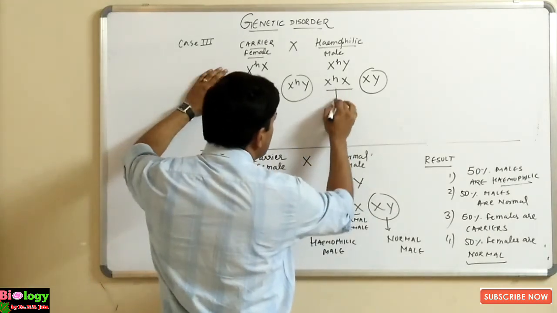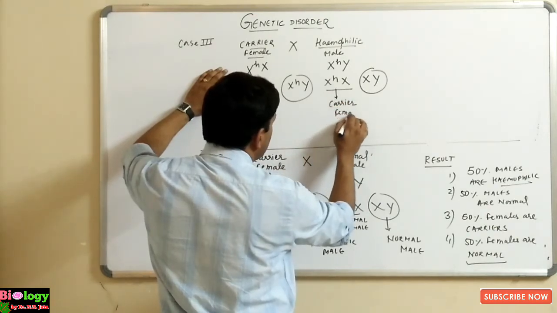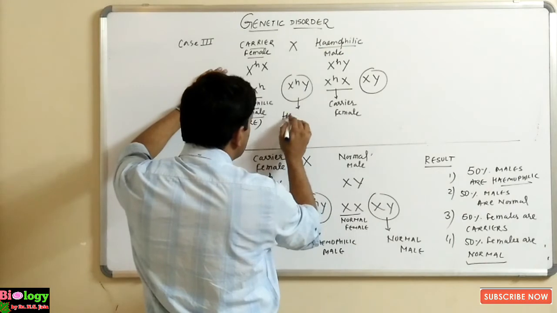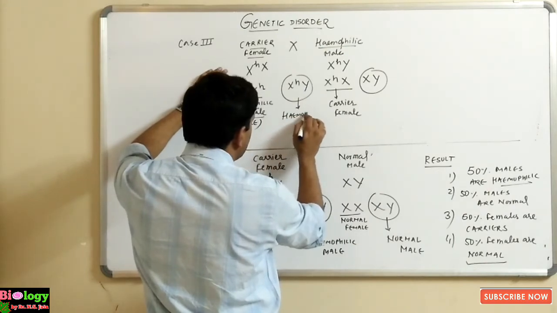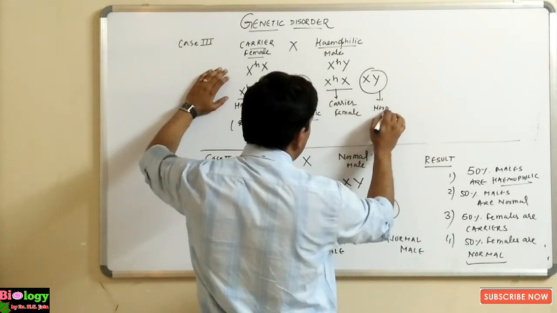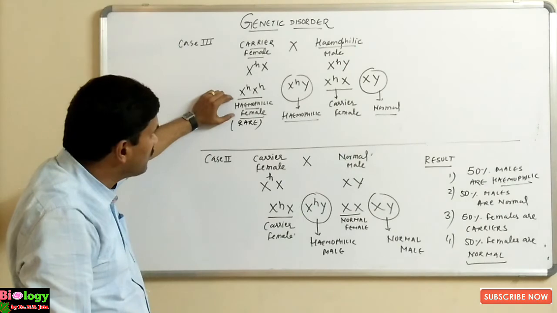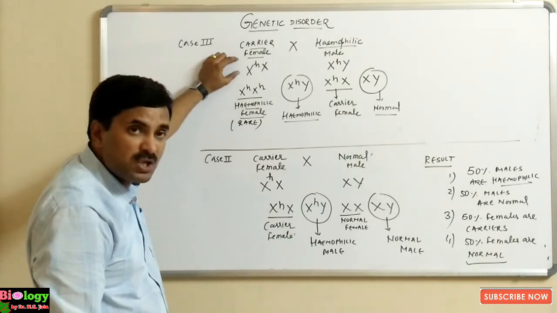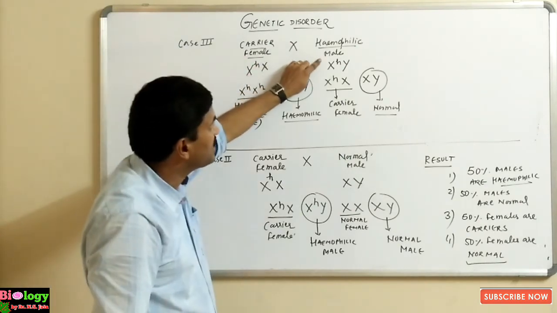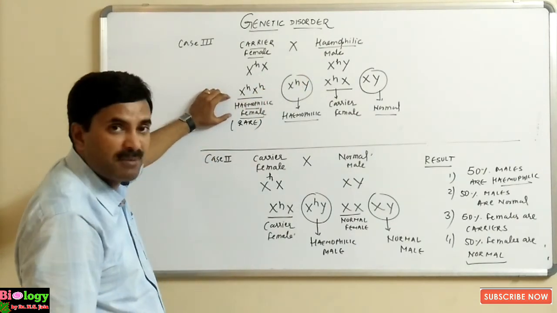And here the female is carrier, here the female is carrier, here the male is hemophilic, here the male is hemophilic, and here the male is normal. So you can see that for the production of a hemophilic female, the mother must be a carrier and the father must be hemophilic, then only a hemophilic female can be born.